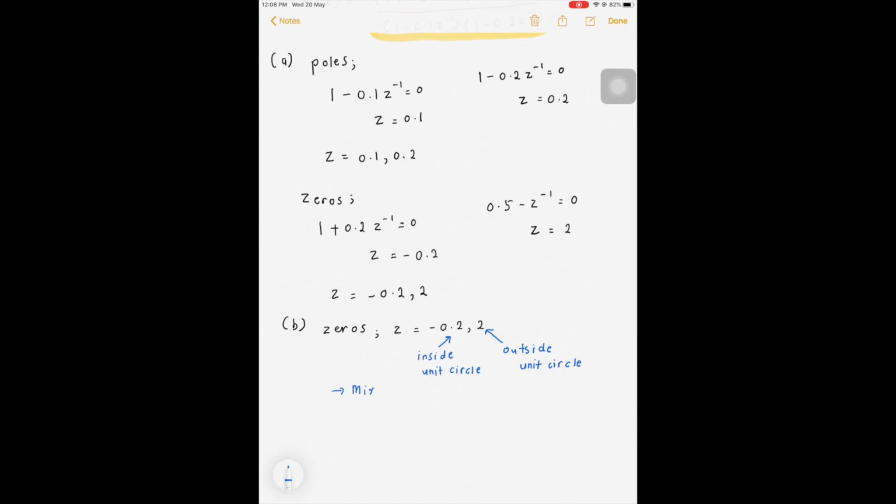So basically, it is a mixed-phase system because the zeros value is inside and outside of the unit circle.